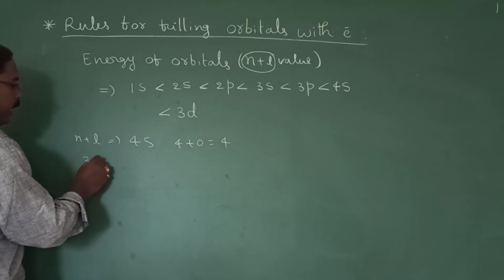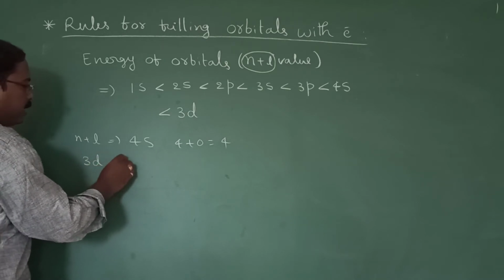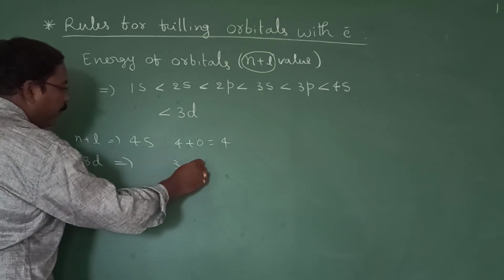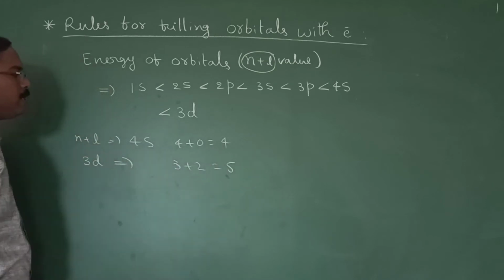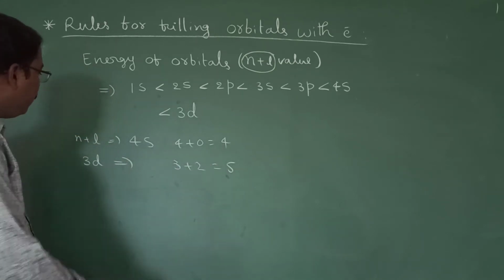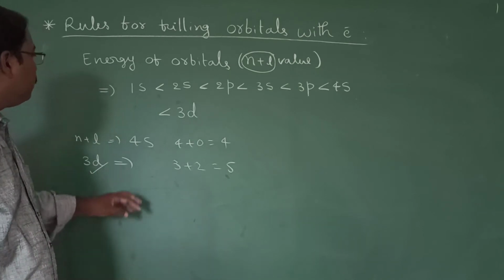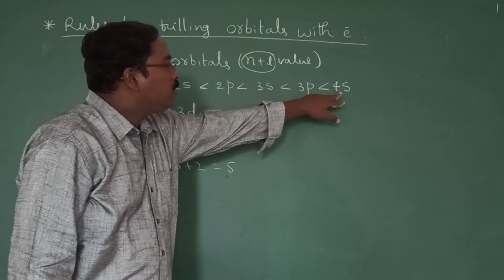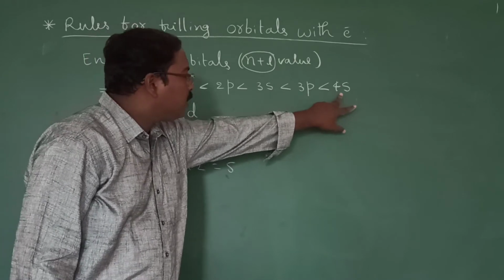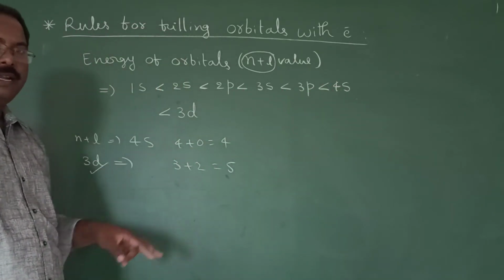Now coming to the 3d orbital, it is 3 plus 2, which is 5. So which has the higher n plus l value? The 3d orbital has the higher n plus l value. So that is why 4s is written first. So 4s has lower energy than 3d.